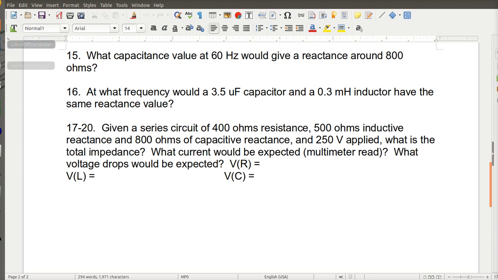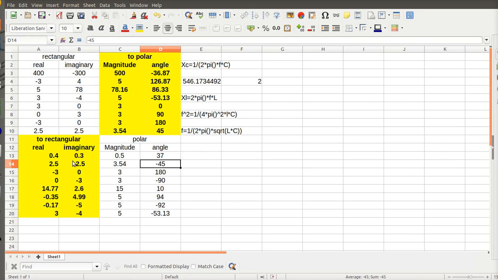So here's my current, here's my angle, and if I multiply it times 400 angle 0, then a half an amp times 400 is 200, at an angle of, I add the angles, 37.